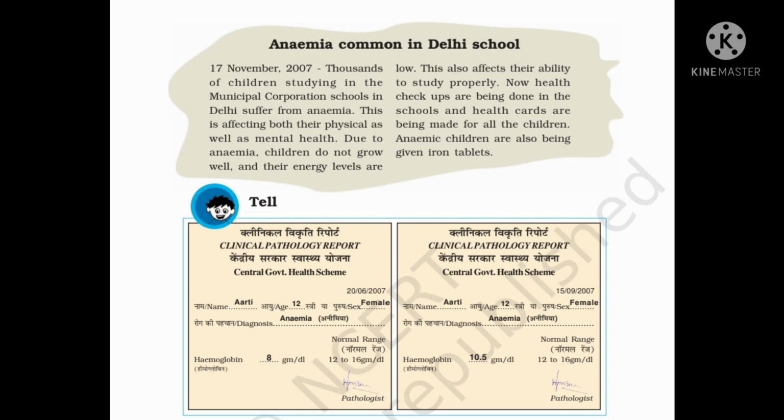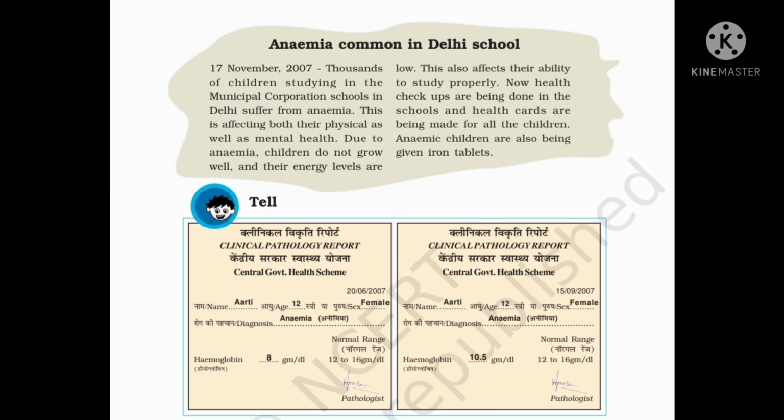This also affects their ability to study properly. It's very clear, if you are not mentally well or mentally sound, you can't perform your day-to-day life activities in a swift manner.